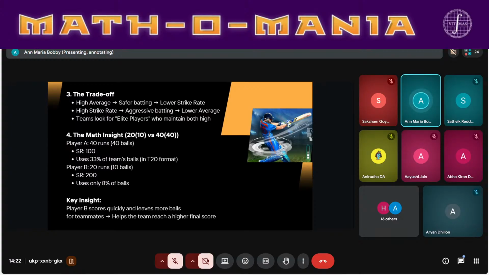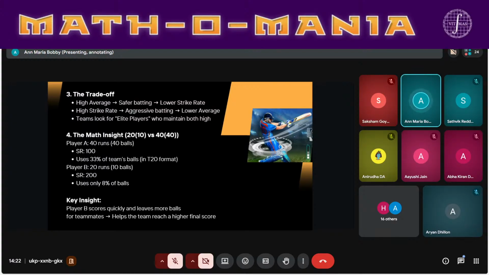So when he uses 40 balls, it's 33 percent of the team's balls. Player B scores 20 runs in just 10 balls. So his strike rate is 20 divided by 10 into 100, which is 200. So he uses only 8 percent of the balls.